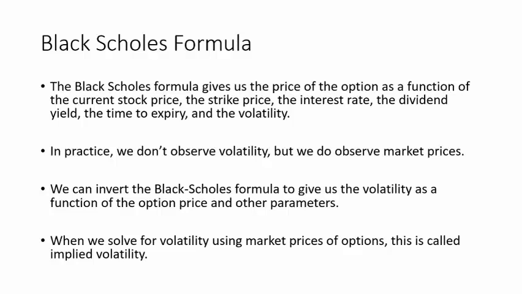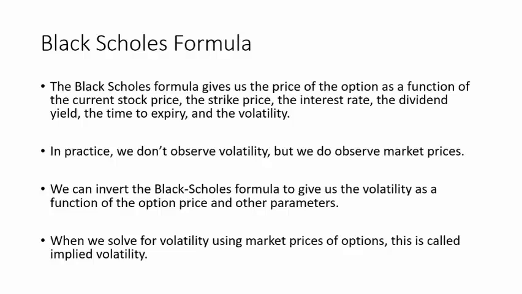The output of the formula is the option price as a function of the following inputs. And the inputs are the current stock price, the strike price, the interest rate, the dividend yield, the time to expiry, and the volatility. So if we have these 6 items, we can calculate the price of the option.